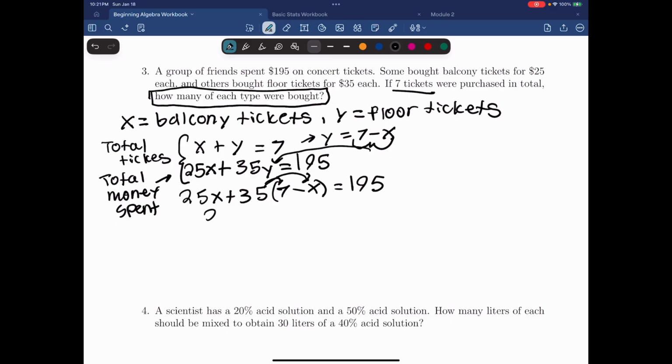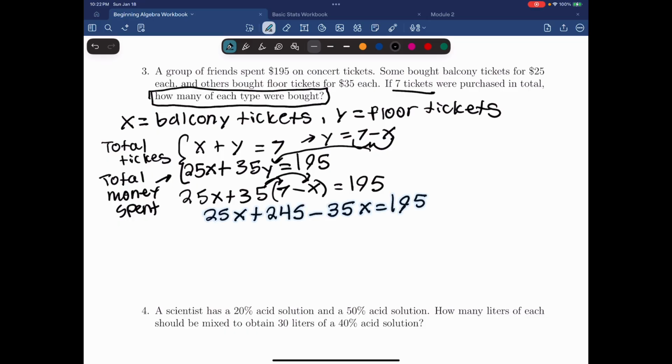So we get 25x plus 35 times 7 is 245. And then 35 times negative x is negative 35x. And we're going to set that equal to 195.